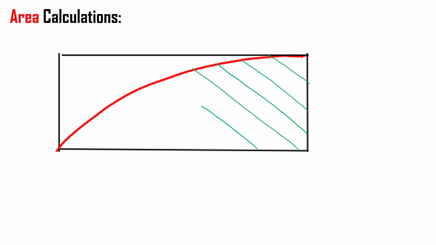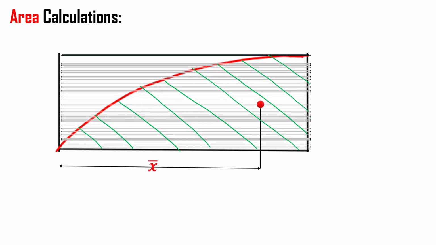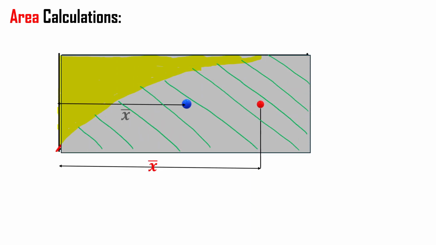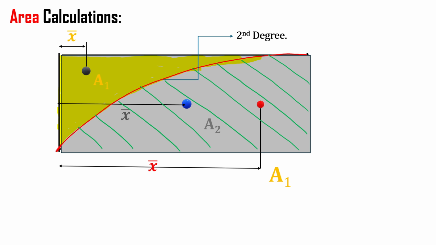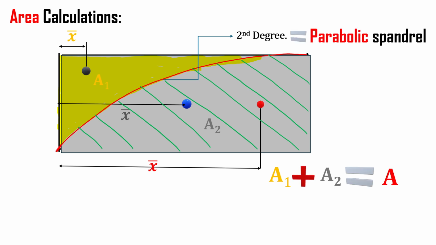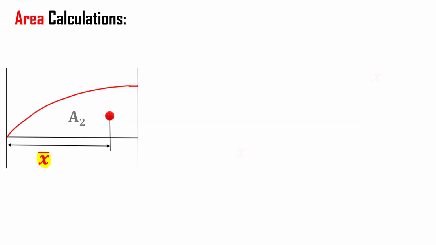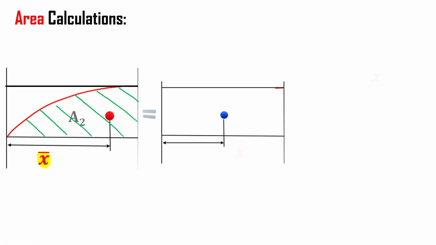Now let's jump to our shape, and if we have our shape like this one and we want to calculate, for example, first the area, we can simply look at our parabolic spandrel and rectangle, and definitely the below part, or a sub 2, is equal to the rectangle minus the top spandrel.